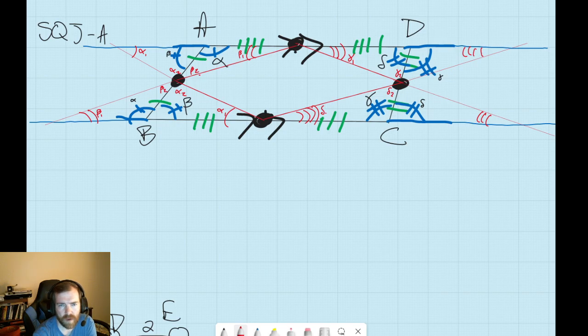So this thing here is going to be 180 minus alpha 2 minus beta 2. This is going to be horrible. This is going to be 180 minus gamma 2 minus delta 2. Yeah, let's not do that.